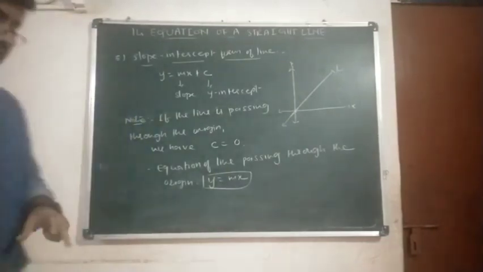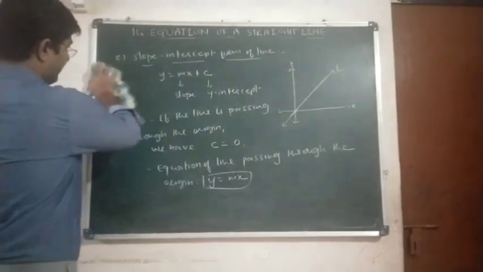Okay, now let us see the next form, that is called the point slope form of a line.